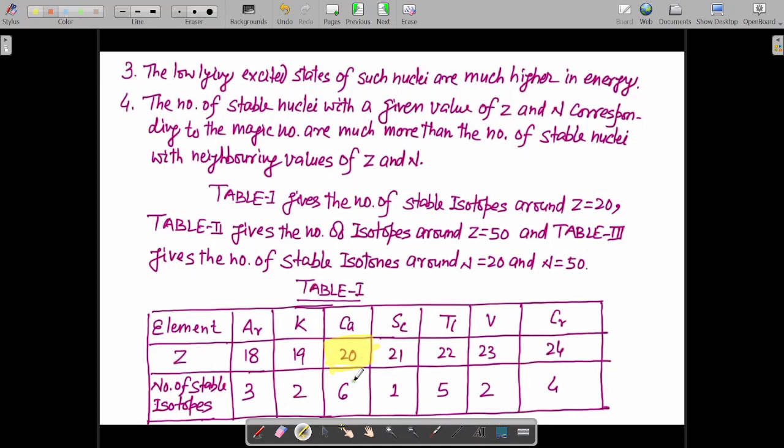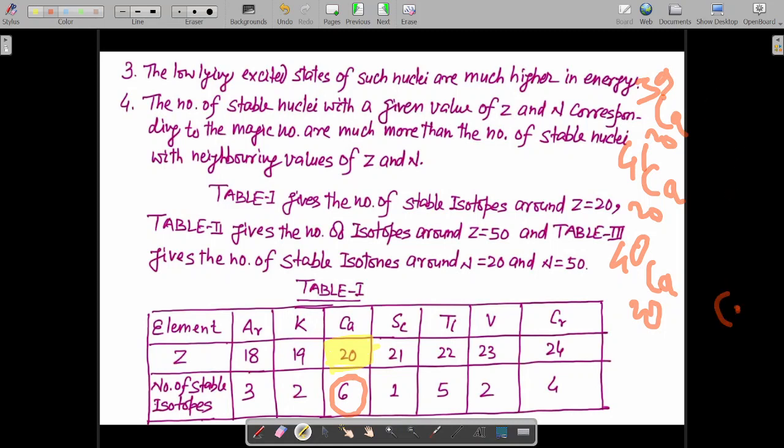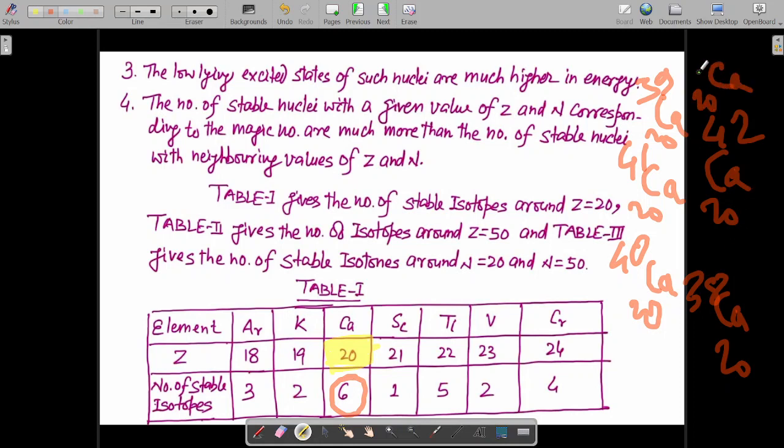Now, the total number of stable isotopes is 6. So we will have calcium 20, 40; calcium 20, 41; calcium 20, 39; calcium 20, 38; calcium 20, 42; and calcium 20, 43.